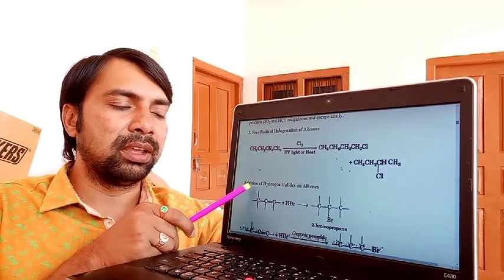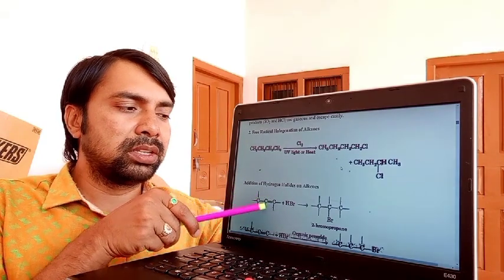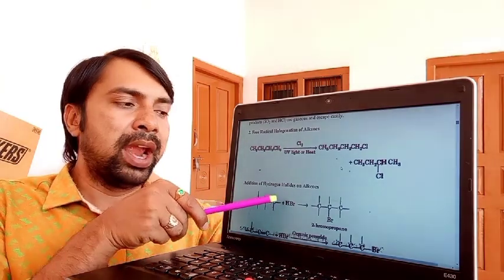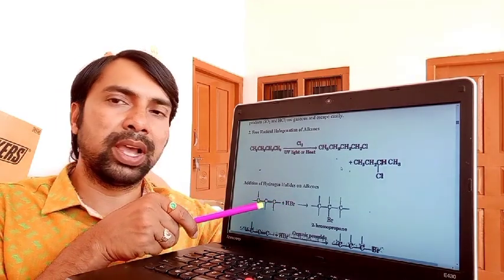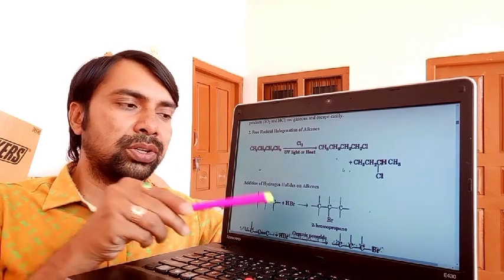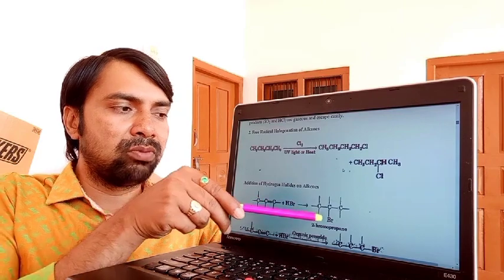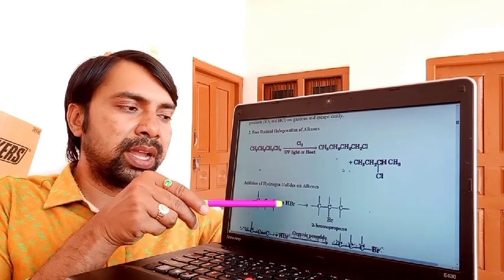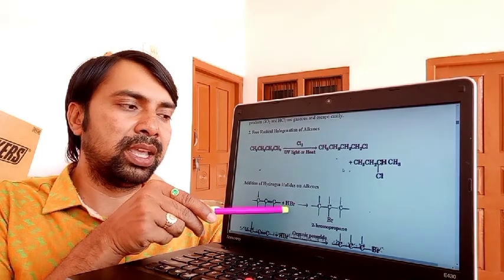Second, by alkenes. When hydrogen halides add to the alkenes, we will again get the alkyl halide. So here the alkene is converted into alkyl halide by the addition of hydrogen halides like HBr, HCl.